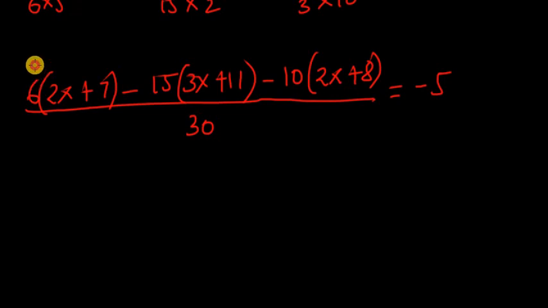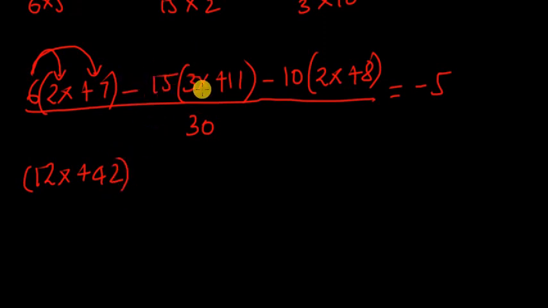So 6 into 2x, what is it? It is 12x, and 6 into 7 is plus 42. Then put a bracket, and then minus 15 into 3x is minus 45x.